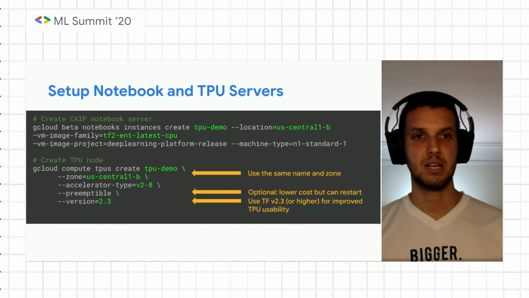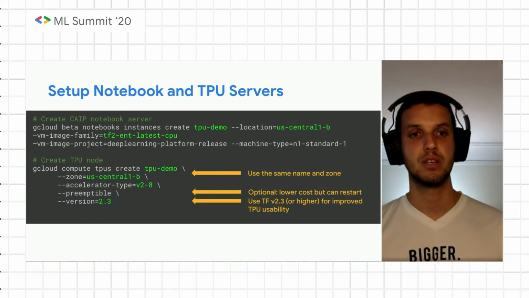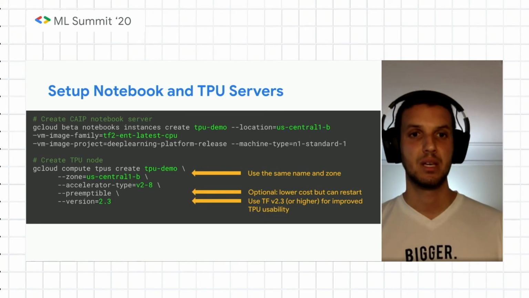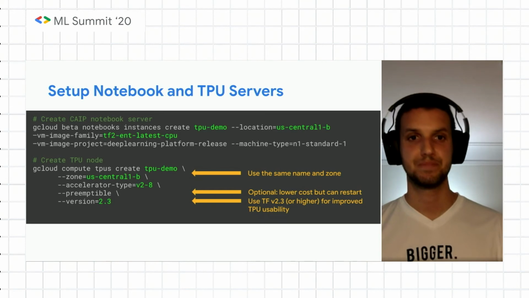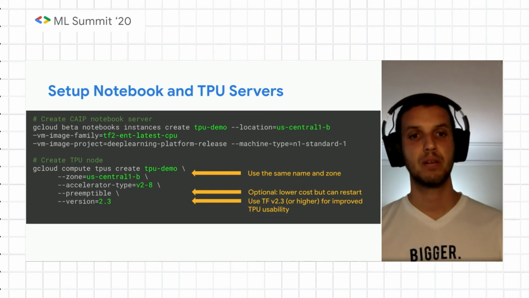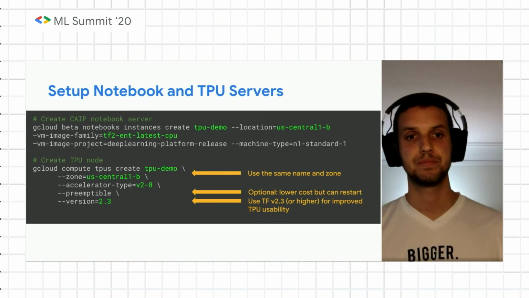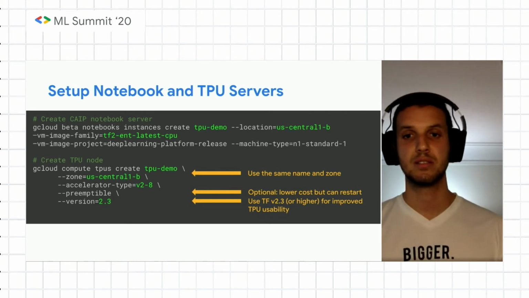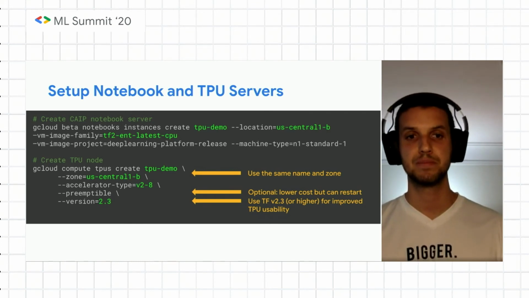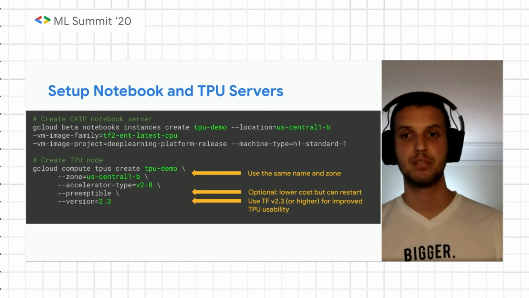This is an example of how to use it by invoking gcloud commands. The first command, we are creating our notebook server. Next, we create our Cloud TPU. As you can see here, our accelerator type is Cloud TPU V2, and you can change that to V3 if you wish.